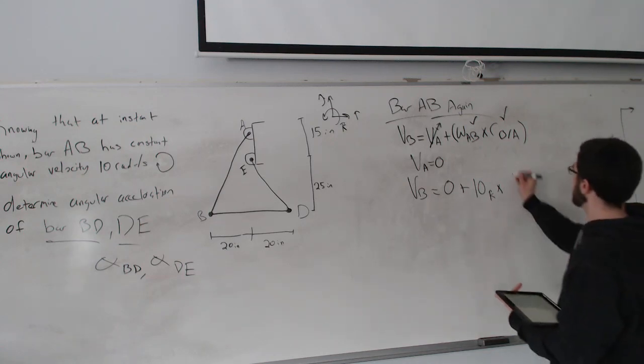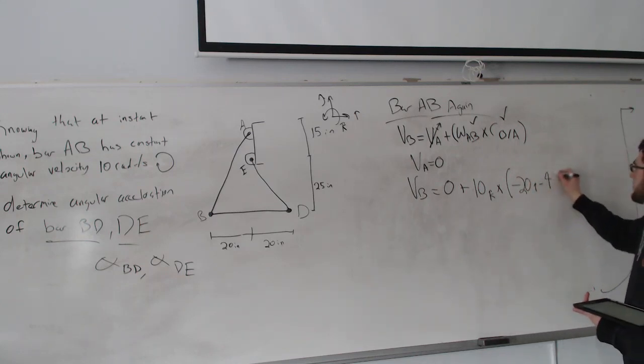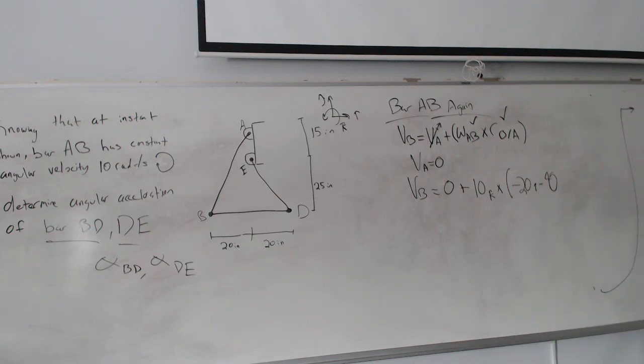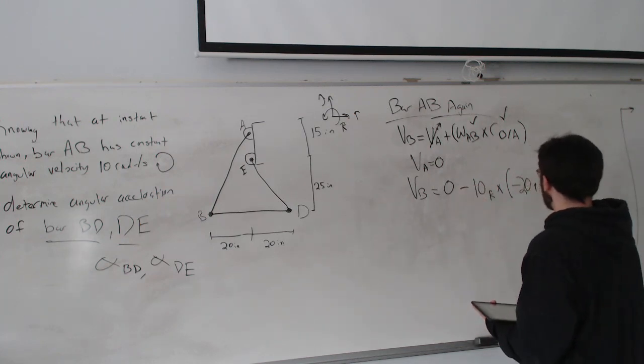Would the K vector for the angular velocity be negative because it's moving clockwise? Yes. Yep, you're right.